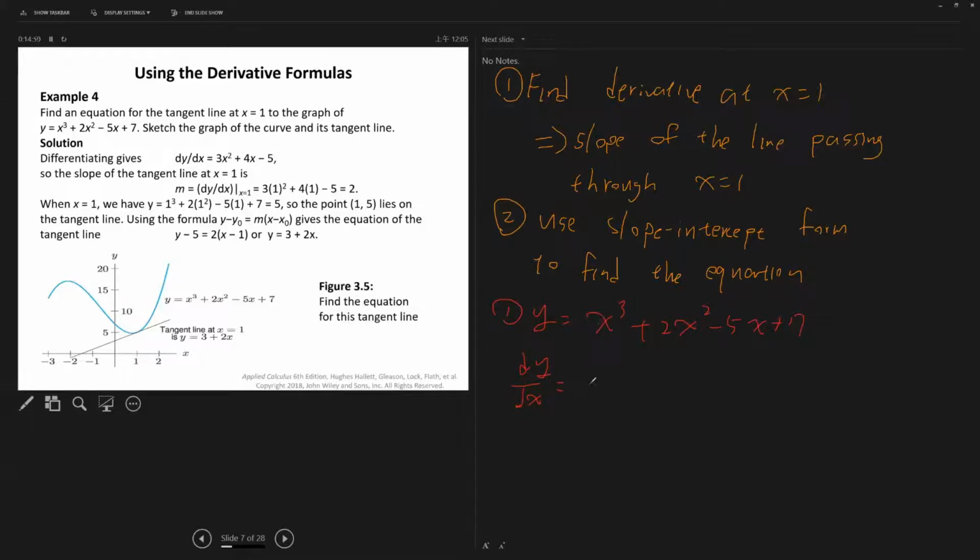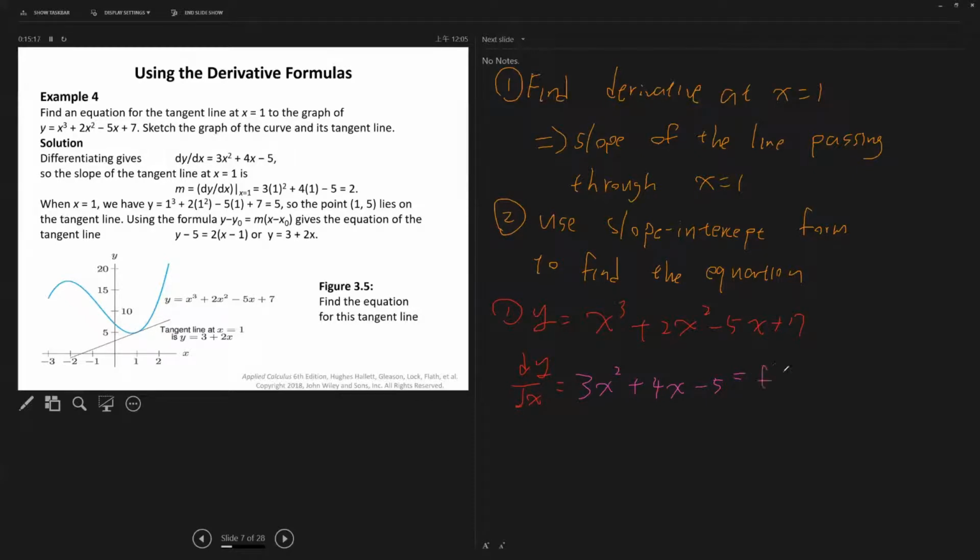Bring down the 3, decrease the power by 1, plus bring down the 2, so 2 times 2 will be 4, decrease the power by 1. Bring down the power 1, which is minus 5, and decrease the power by 1. x to the power of 0 would just be 1, so that will be your constant term. And the derivative of a constant is always 0. All right, so that is our derivative.